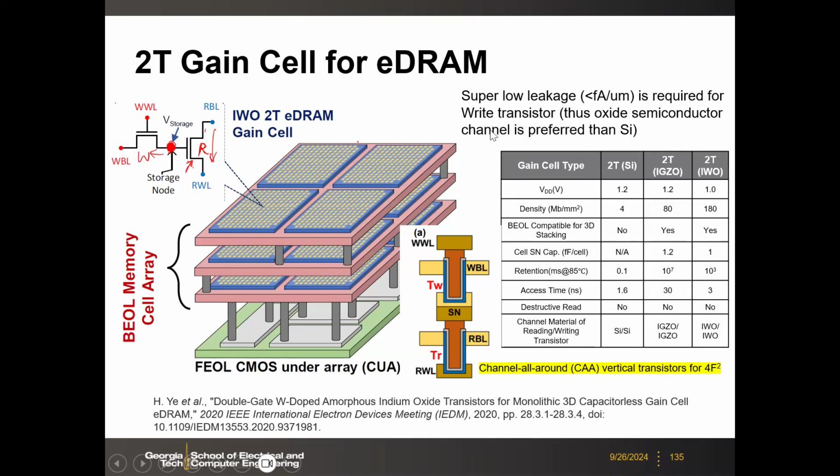So here, this idea actually is not new. It has been there for 20, 30 years. At first, people tried to implement this with a silicon front-end logic transistor. So in this column, we summarize some of those typical characteristics from the silicon-based 2T gain cell.